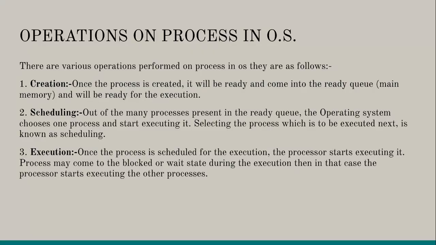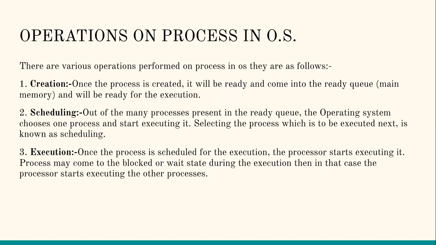Let's talk about some operations on a process in an operating system. The first operation is creation. Once the process is created, it will be ready and come into the ready queue, ready for execution. The next operation is scheduling. Out of the many processes present in the ready queue, the operating system chooses one process and starts executing it.